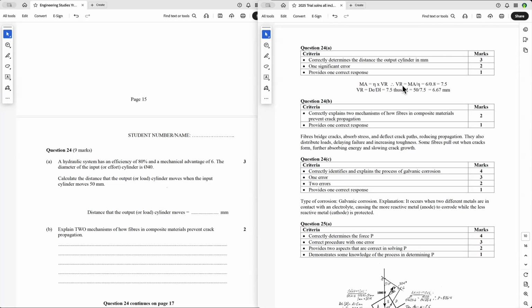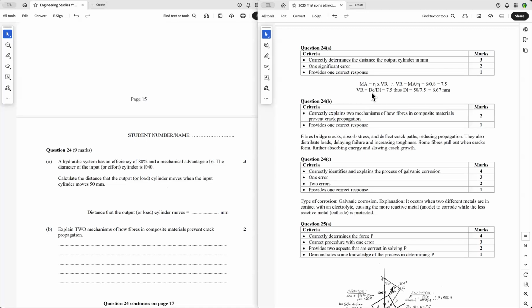So therefore, velocity ratio equals mechanical advantage over the efficiency. Now, the mechanical advantage is 6 divided by 0.8, and that will give you the velocity ratio, which is 7.5.